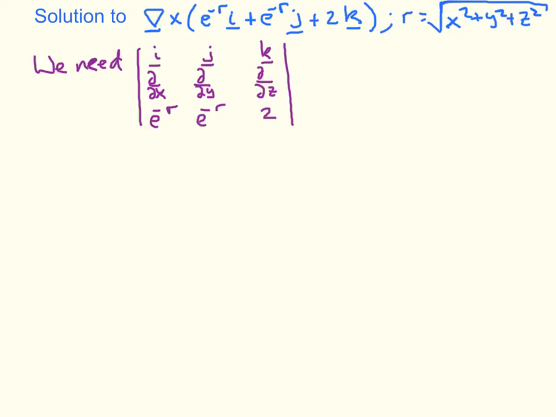So when we expand this in the i direction, we are going to have d by dy on 2, so that's going to vanish, minus the derivative with respect to z of e to the minus r.